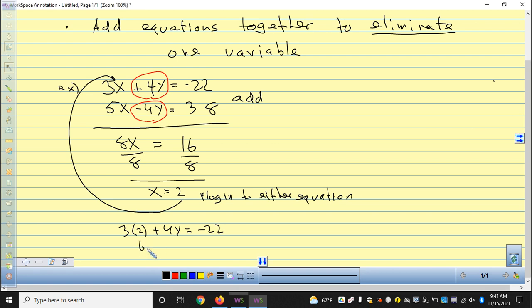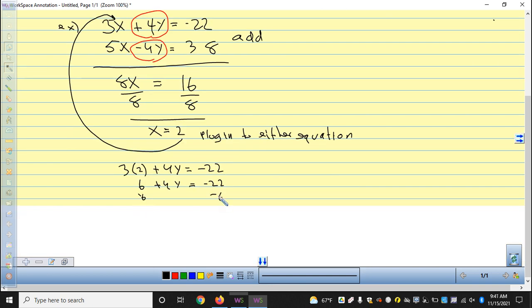Well, 3 times 2 is 6, plus 4y equals negative 22. Subtract 6, and I get 4y equals negative 28. Divide by 4, and I get y equals negative 7. So my solution is the point 2, negative 7.